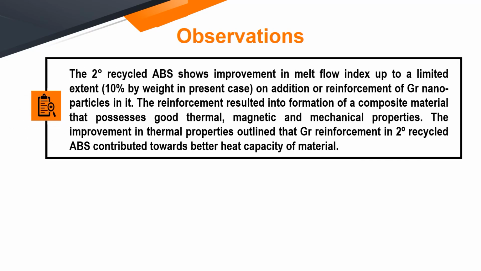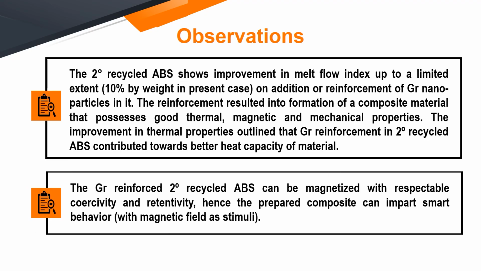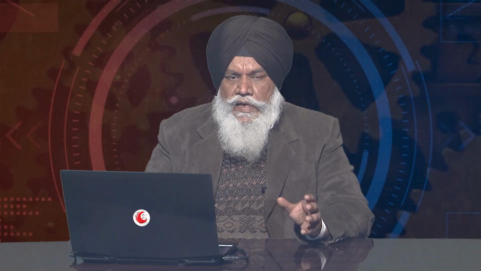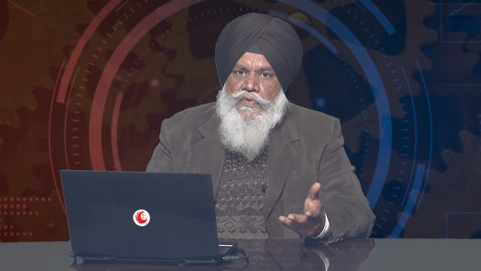For this particular example, 10% reinforcement was selected as the optimum for the period selected, based on the retentivity and coercivity. One can customize this by reinforcing, making the filament, and then printing on the system. We can use this for a smart 4D behavior, right?